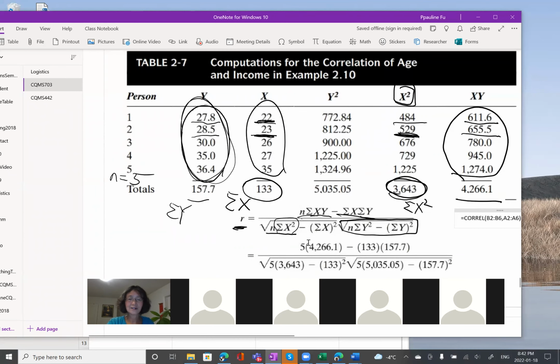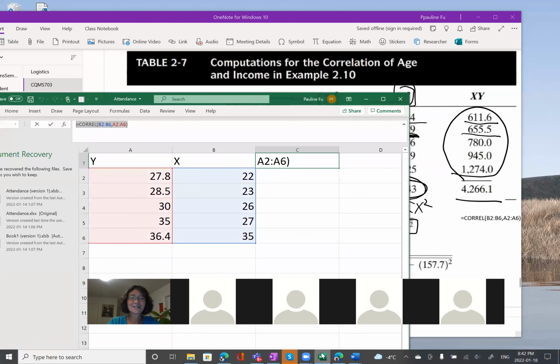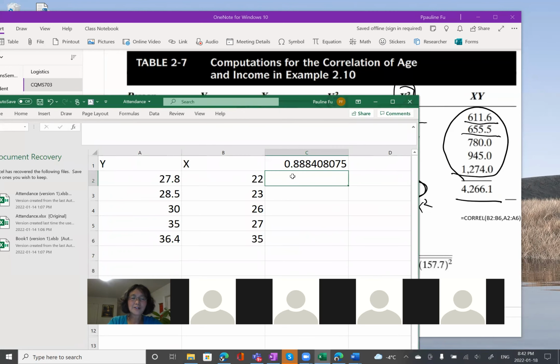Quick question about the order of x versus y here. Does it matter if you have column A first or column B first? Can those be reversed, or does it have to be this way? The question was, if I switch x and y, if I use CORREL and put y first and then x, will it get the same result?